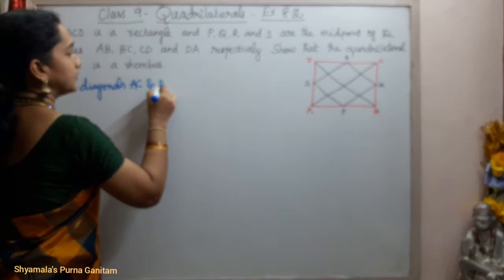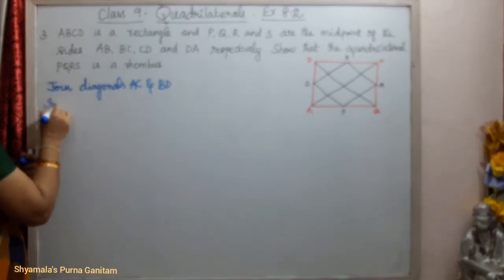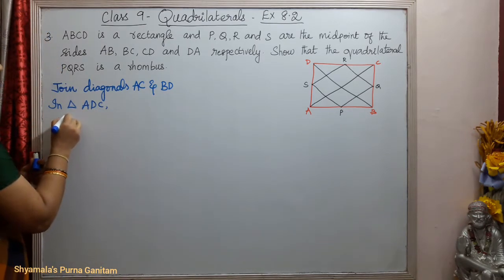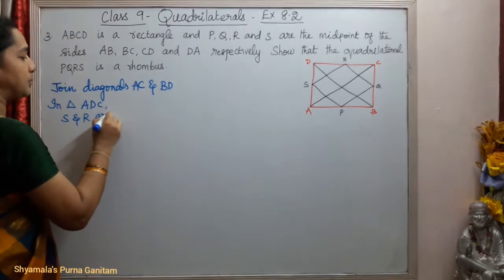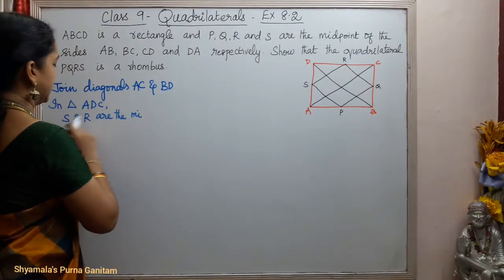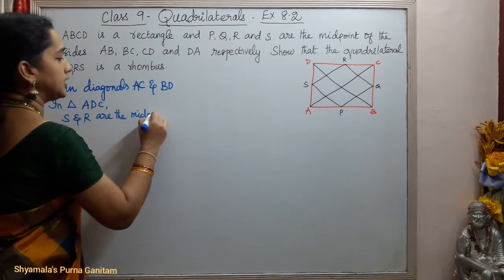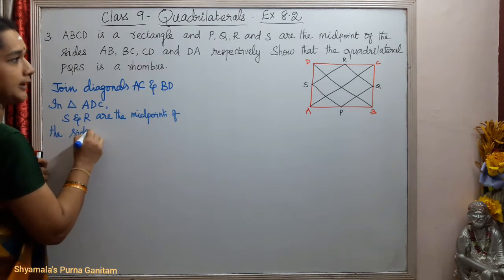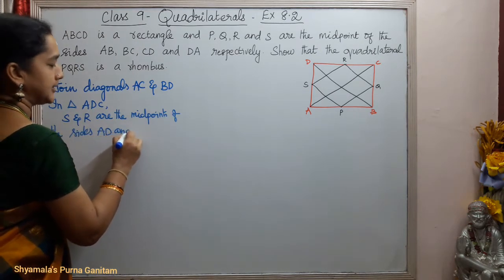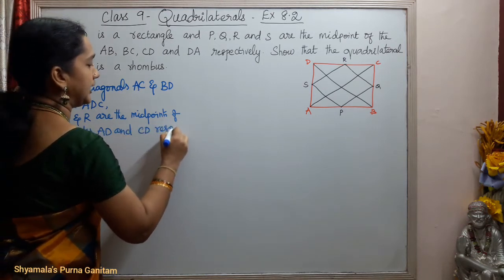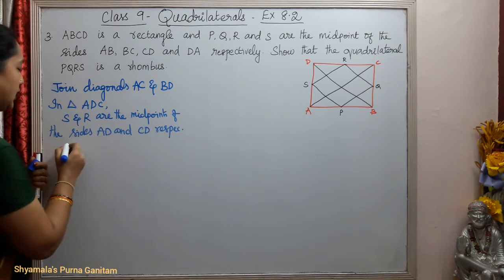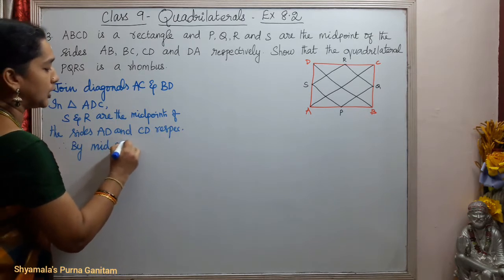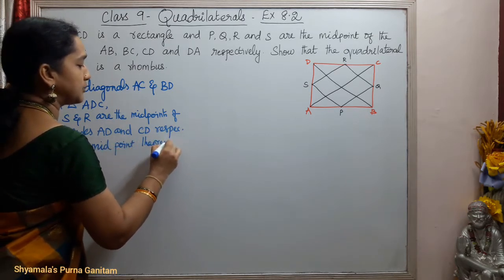So in triangle ADC, S and R are the midpoints of the sides AD and CD respectively. Therefore, by the midpoint theorem, what is the midpoint theorem?